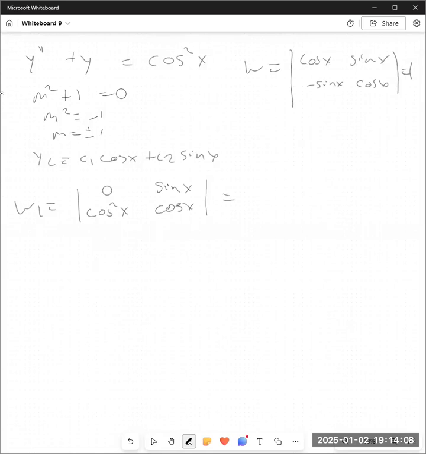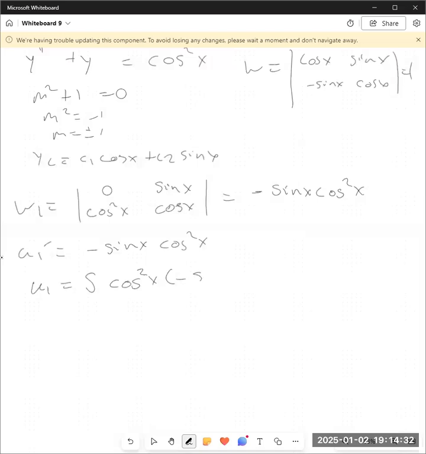So this is negative sine x cosine squared x. I'll just leave that as is for a second. U1 prime is going to be negative sine x cosine squared x over 1. So U1 is the integral of cosine squared x times negative sine x dx.